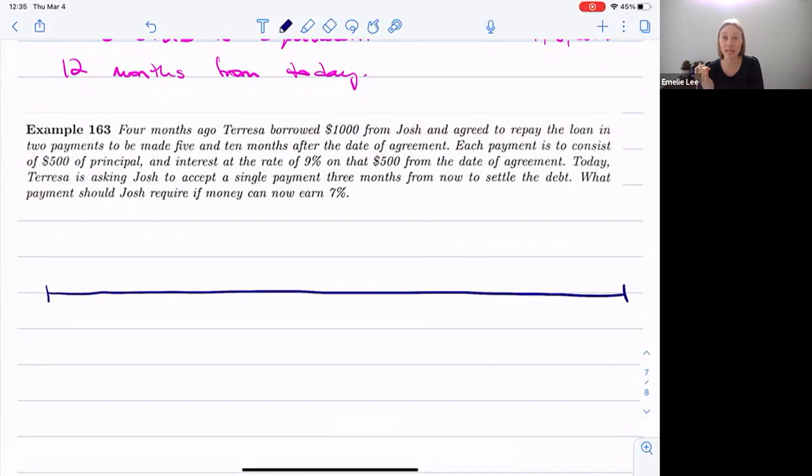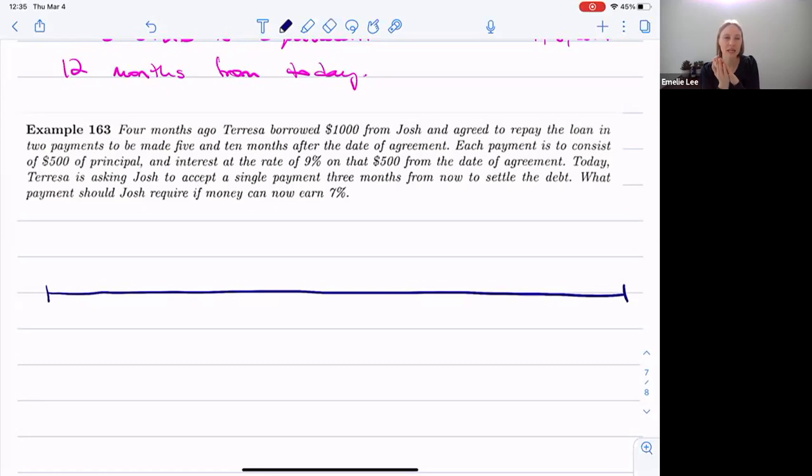So dates that have been mentioned: 4 months ago, and then kind of implied from today, but also they're talking about today. She's asking for, okay, so we'll need today as kind of an anchor point. And then she was supposed to make payments 5 months and 10 months after the date of the agreement. Okay, so that's 4 dates that I need to put on here.